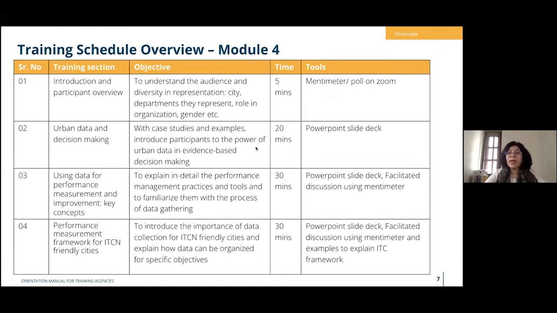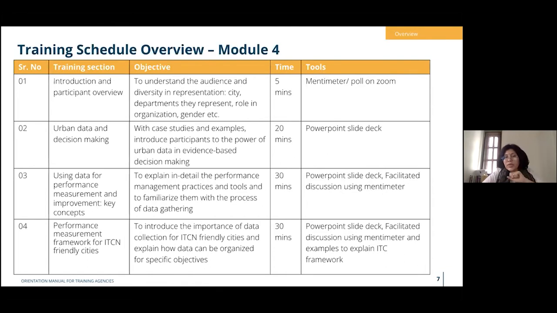As guidance on how you can lead this training with the local government, we can have a 5-minute introduction, which can be a Mentimeter poll where you invite local officials to say which department they represent. You can also add a question in this module on whether they have worked with data frameworks before, which is an interactive way to get some feedback from them.